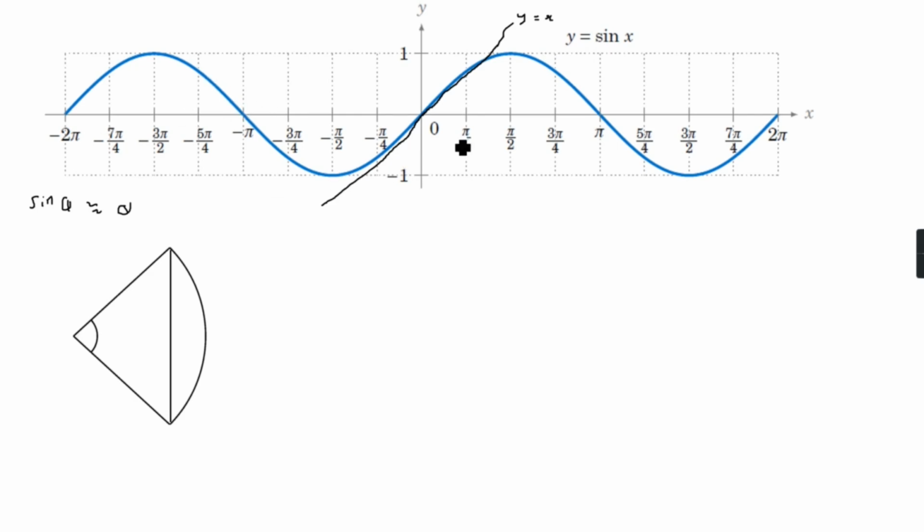Obviously, as we go away from the origin, that becomes less true, but as long as our value of x is small and we're close to the origin, it's almost equal to the line y equals x. So we can say that for small angles x, sine x is approximately x.